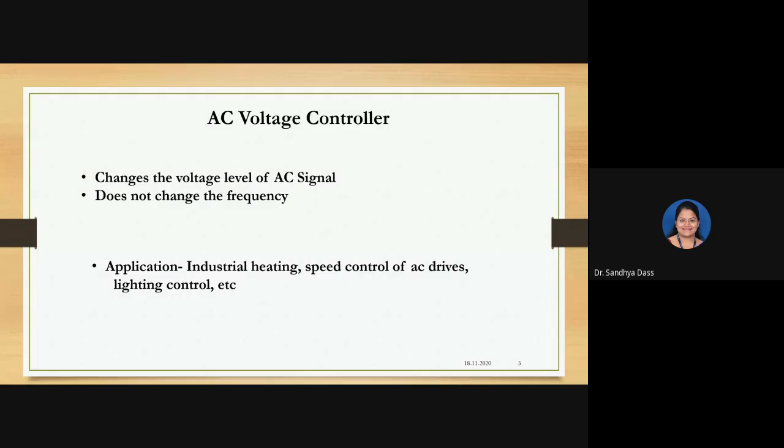The main applications are listed here. It is used in industrial heating, speed control of AC drives, or lighting control. Wherever you want to control the speed of a motor or, say, a heating furnace, this can be used.